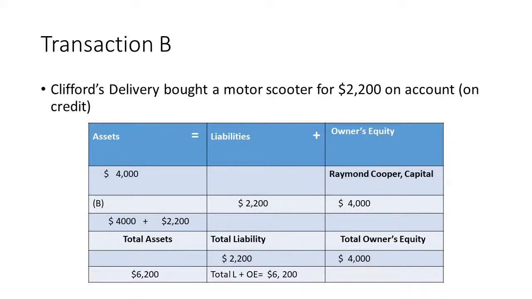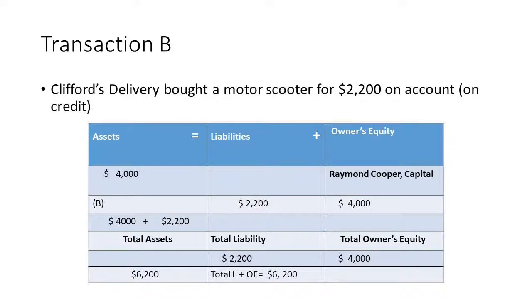So the scooter is equipment, which falls under assets. So under assets, we have two accounts, cash and equipment. What is the total for assets? $6,200. 4,000 plus the 2,200.